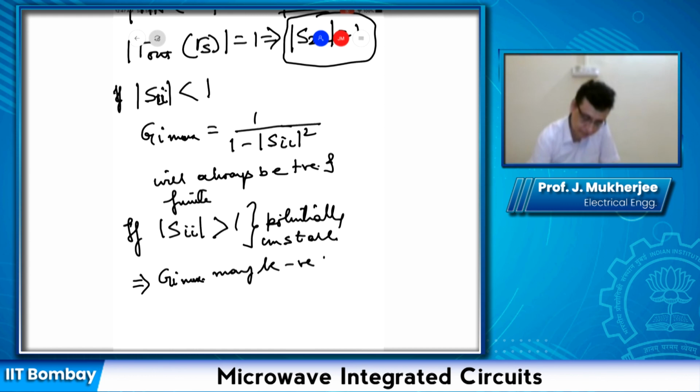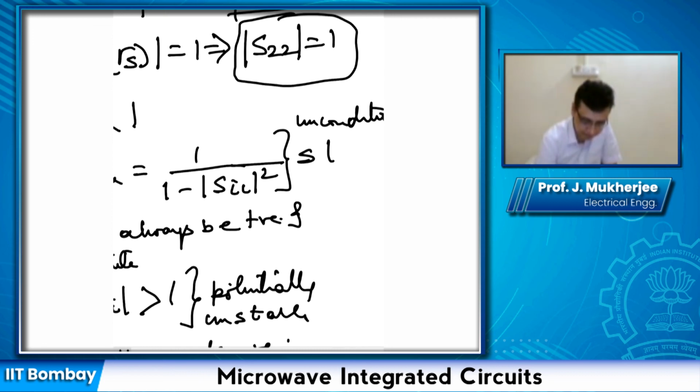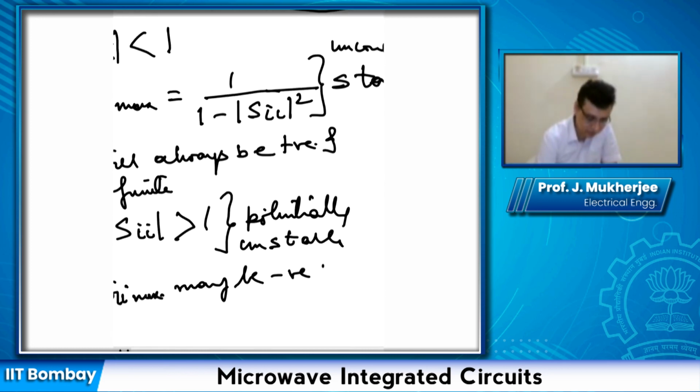So when GI max is positive and finite, it represents the unconditionally stable case. And when this condition is not followed, for example, this may be equal to 1, that represents a condition that is not unconditionally stable, it's potentially unstable.